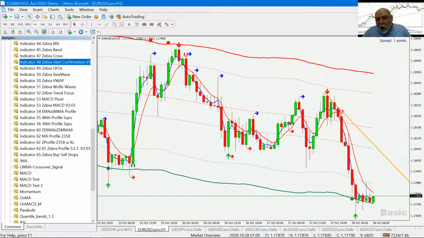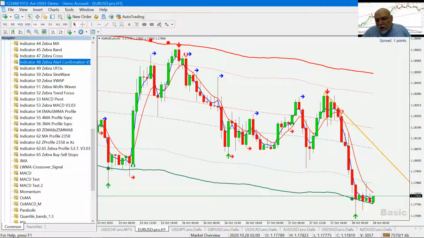So at the close of this candle, I might want to go long, setting my stop down below here. However, even though that could be something to jump into, I'm seeing that price has still got some momentum to the downside based on the channel trend.